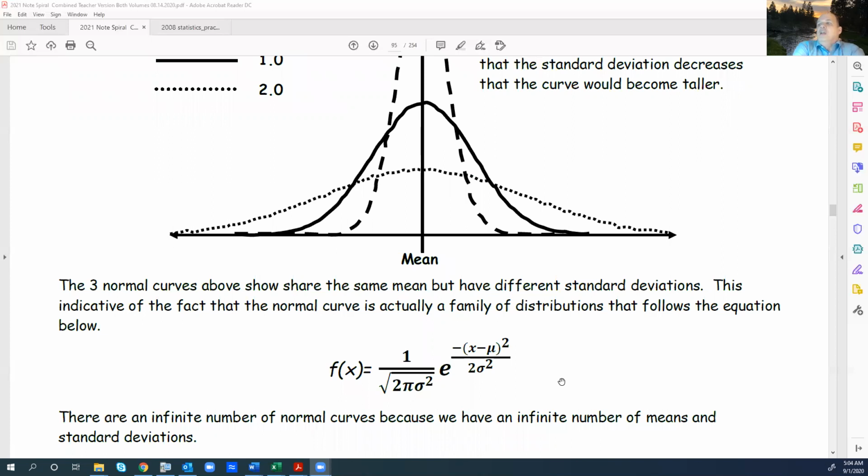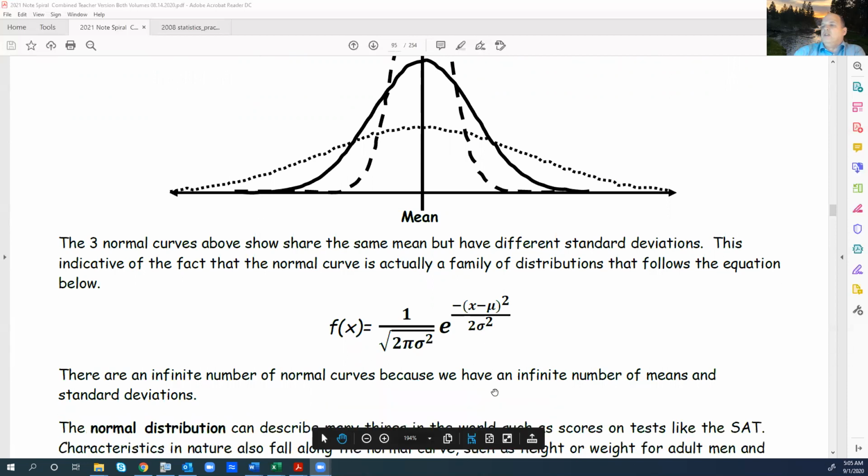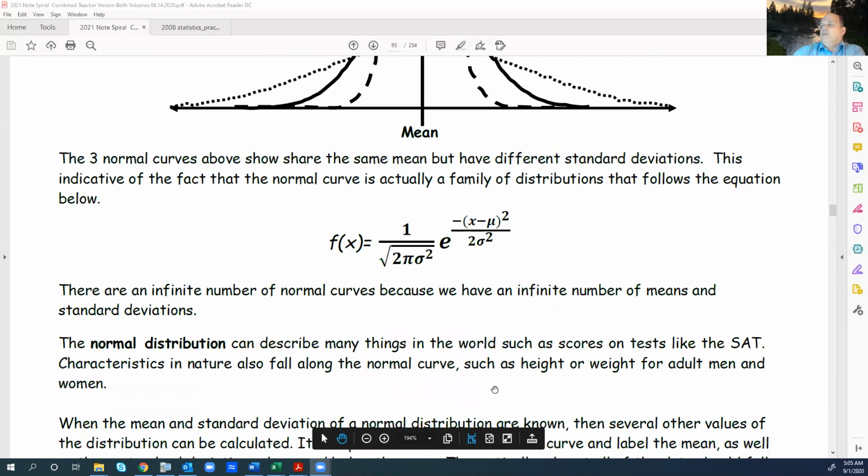Please note, normal curve refers to a family of curves. There's an infinite number of them, but they all have that basic formula. What determines what the normal curve looks like is what the mean is, or where the center is, and what the standard deviation is. The mean and the standard deviation determine that.